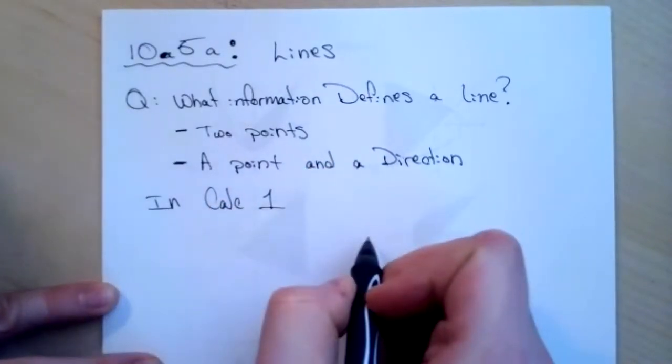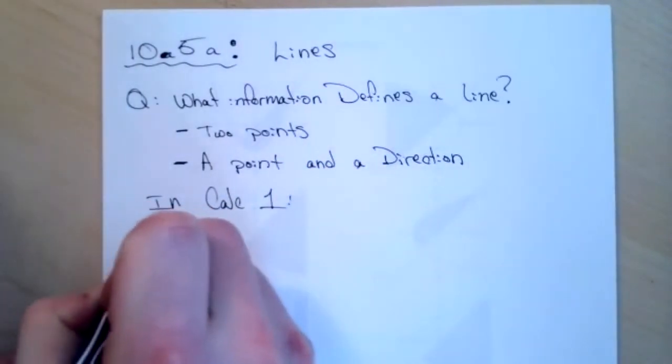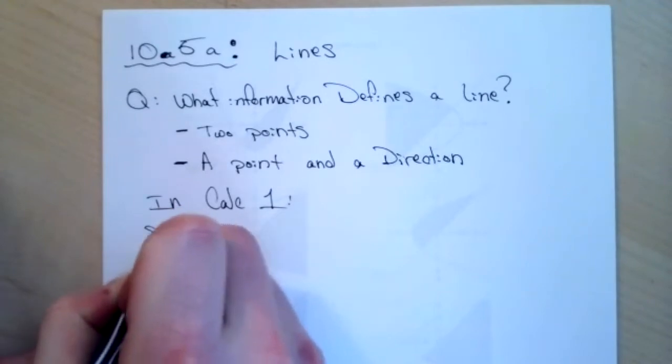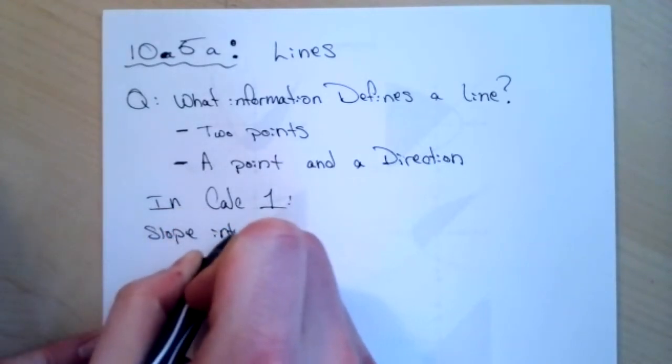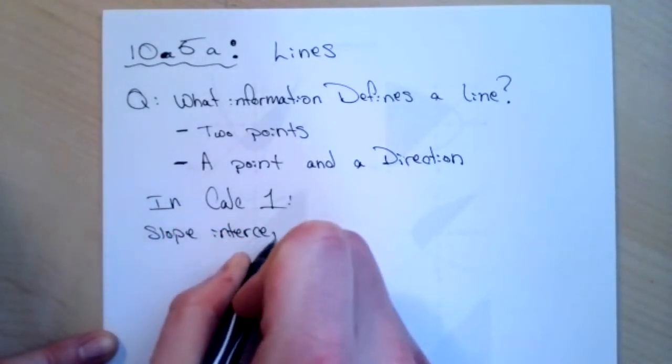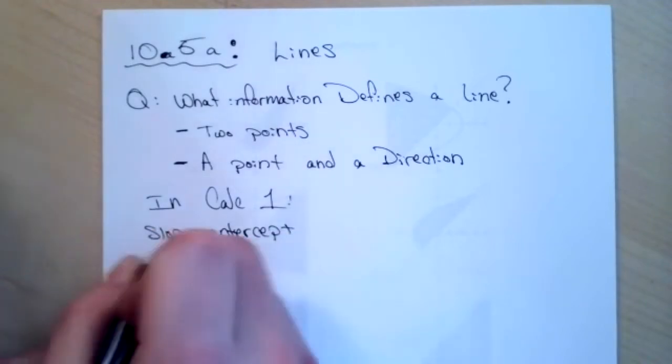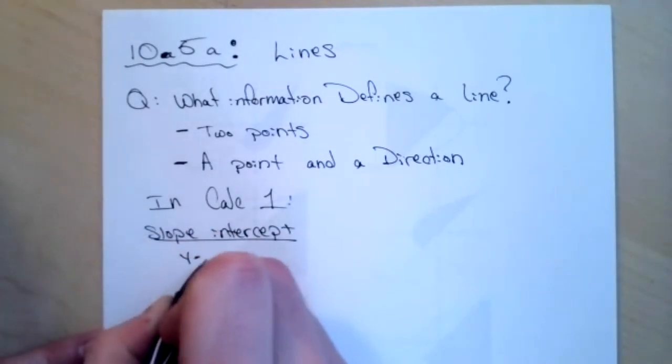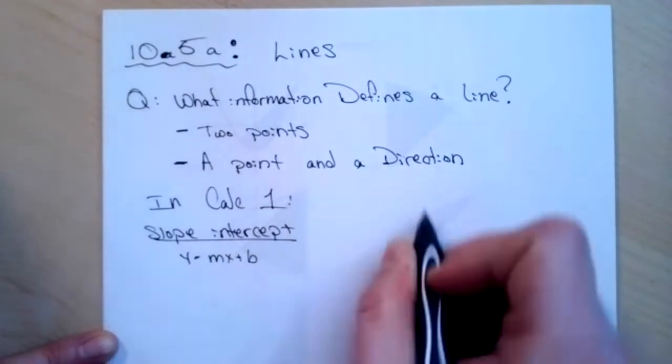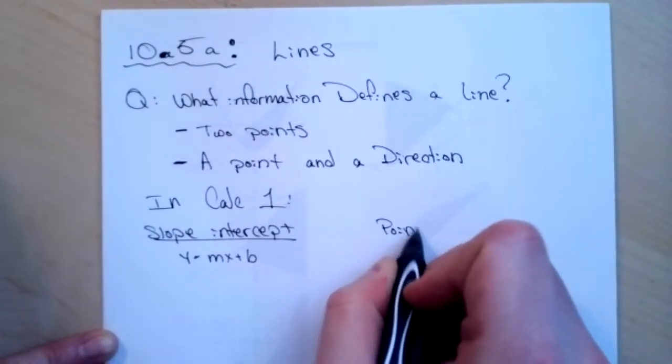So, a refresher of Calc 1. As I had mentioned, we have two equations. We have slope intercept, which is our y equals mx plus b, and our point slope form.